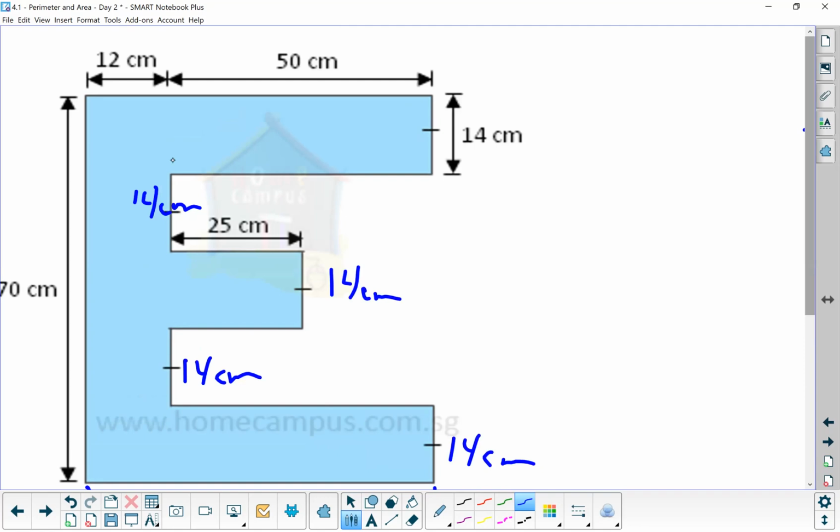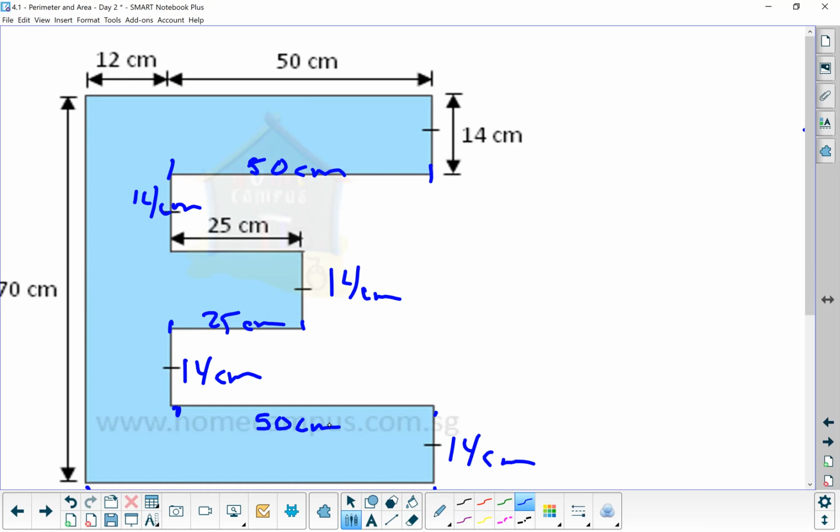Go back up to the top. This length right here is 50 centimeters. Down here, this length is 25 centimeters. And right here, this one is 50 centimeters. Now I think we've got all of our lengths.